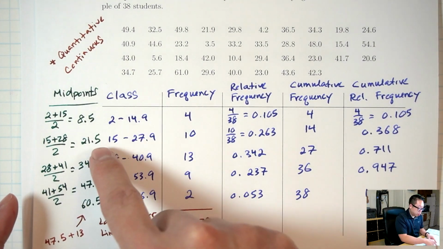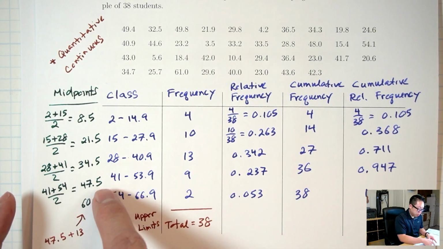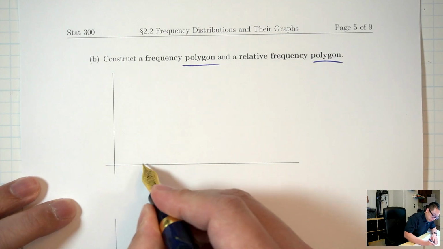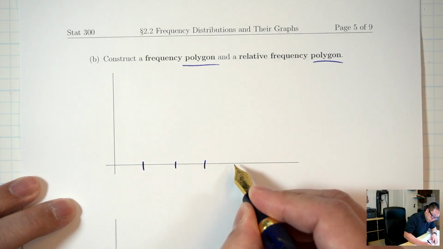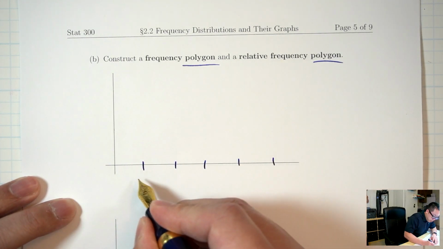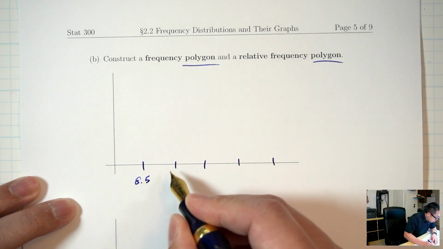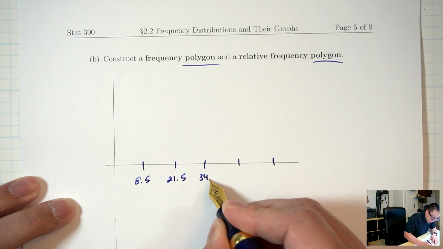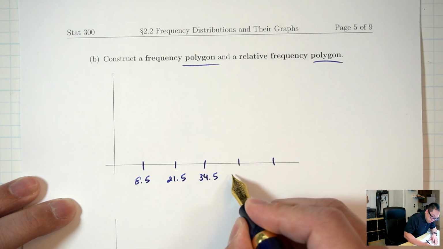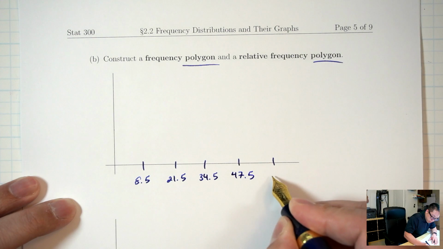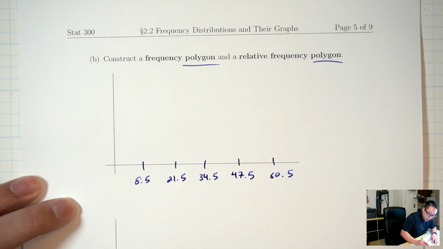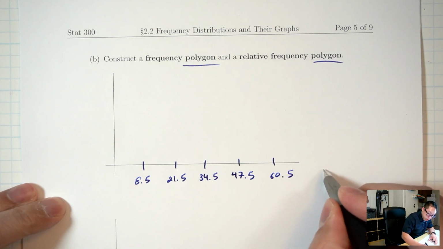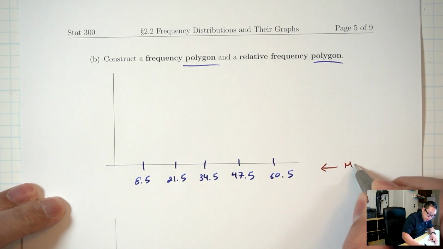So 8.5, 21.5, 34.5, 47.5, and 60.5. Okay, let me make a note of this, that we should put midpoints on the x-axis.